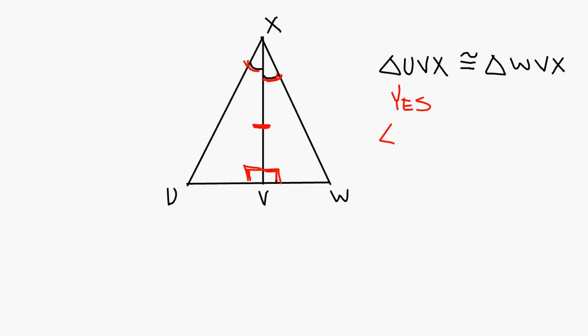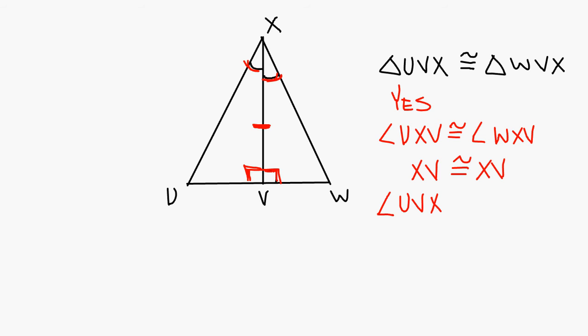If they ask you to explain, the explanation would be that angle UXV is congruent to angle WXV, that the side XV is congruent to side XV, and that angle UVX is congruent to what? Which angle?